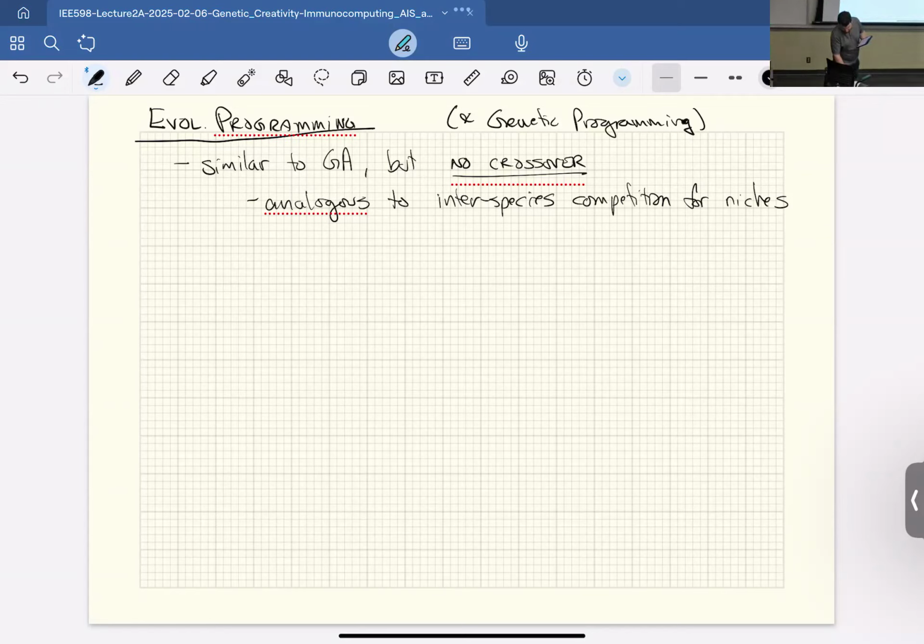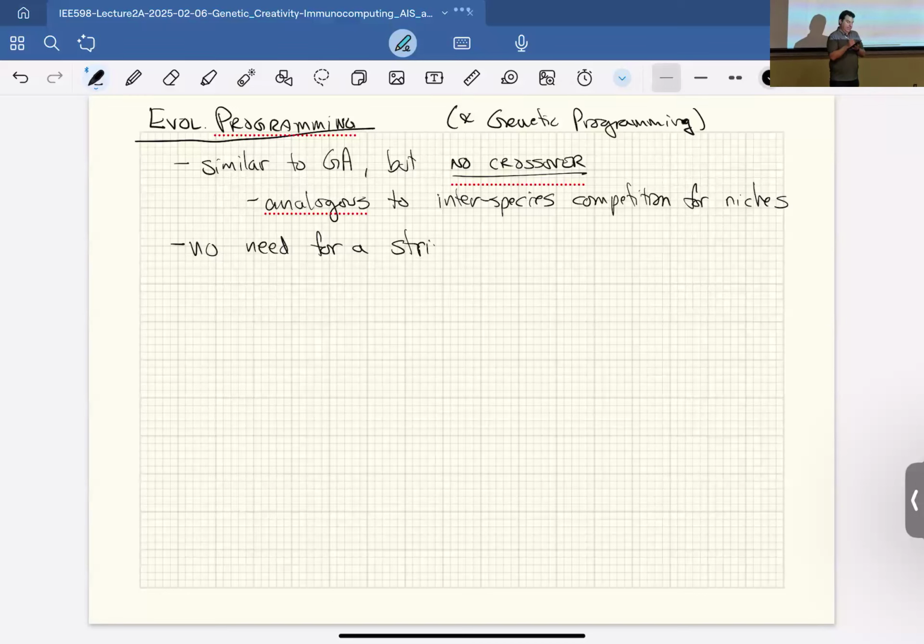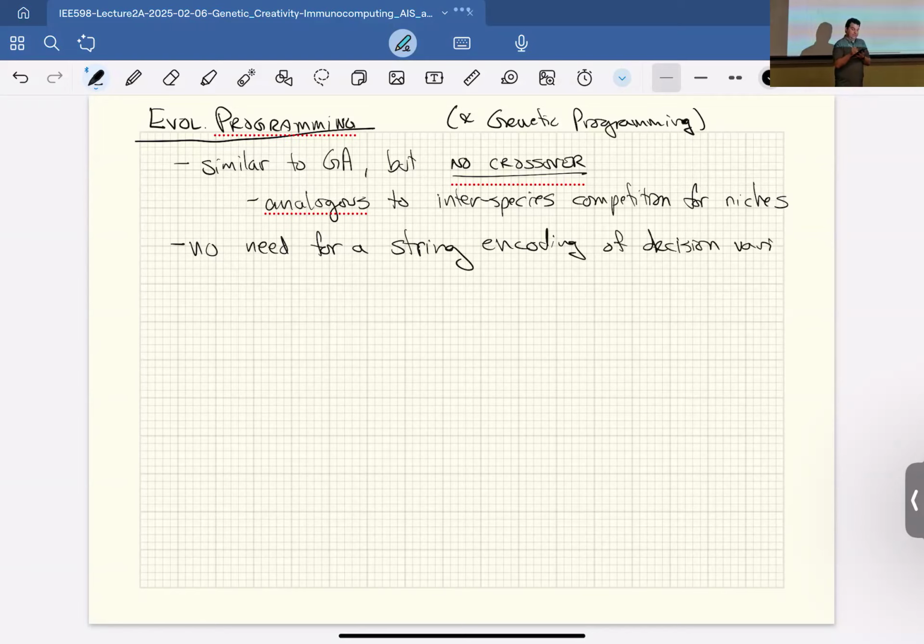The nice thing about that is that we have no need for a string encoding of the decision space or of decision variables, because no crossover.